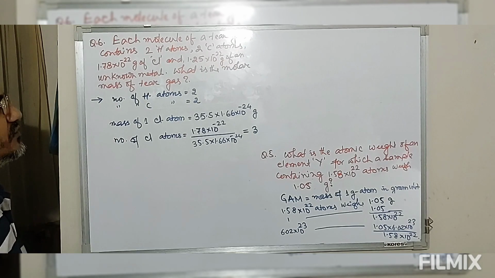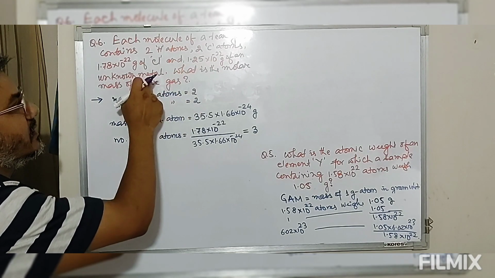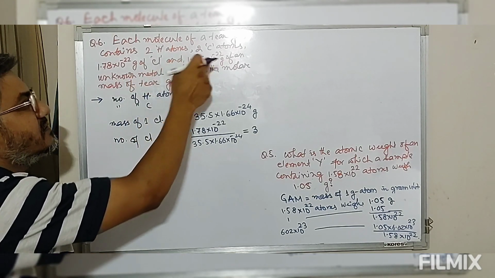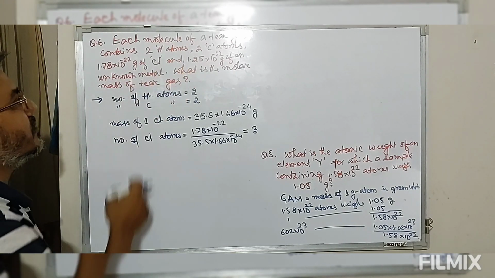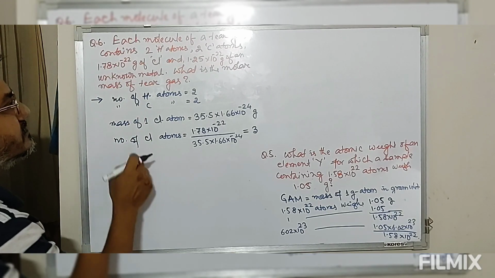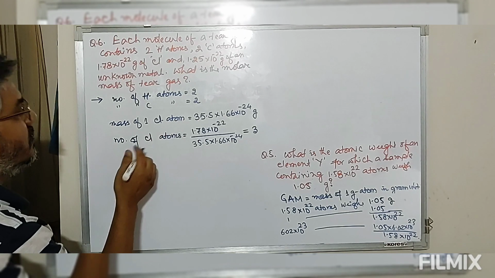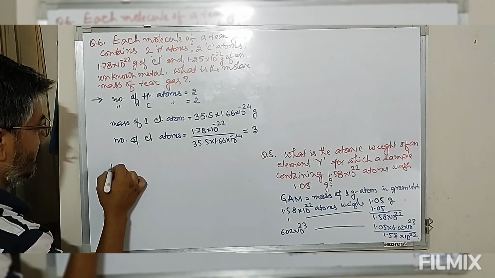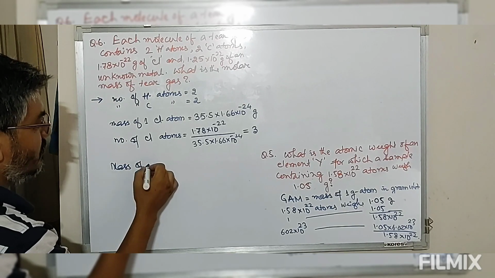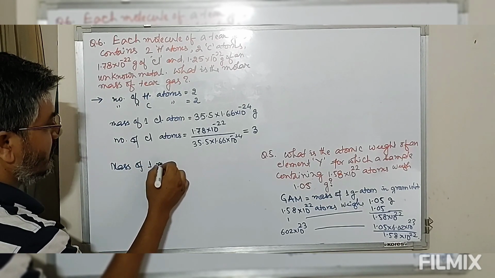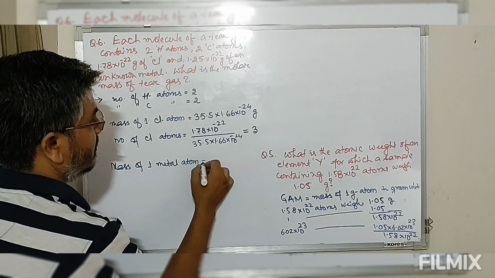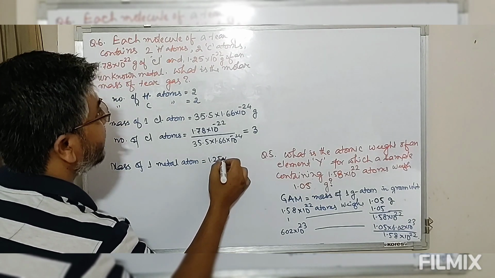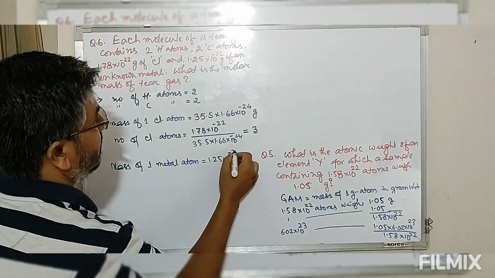Now on the other side, we have to find the molecular mass of the metal. So now look at this. This is a metal, and the mass of a single metal atom is this. Now we have to find the gram molecular mass of the metal. So the mass of one metal atom is equal to 1.25 into 10 to the power minus 22 grams.